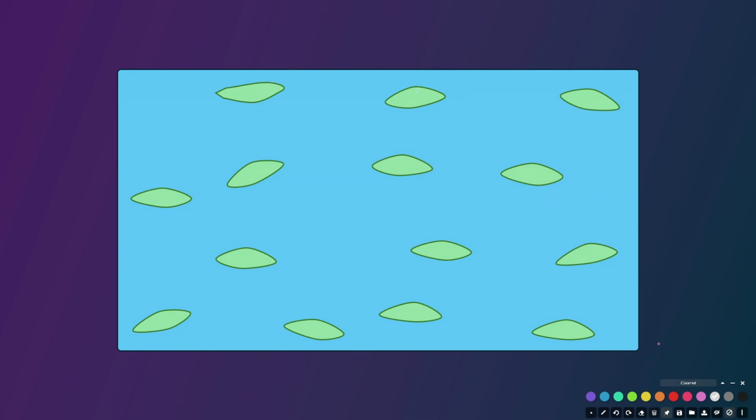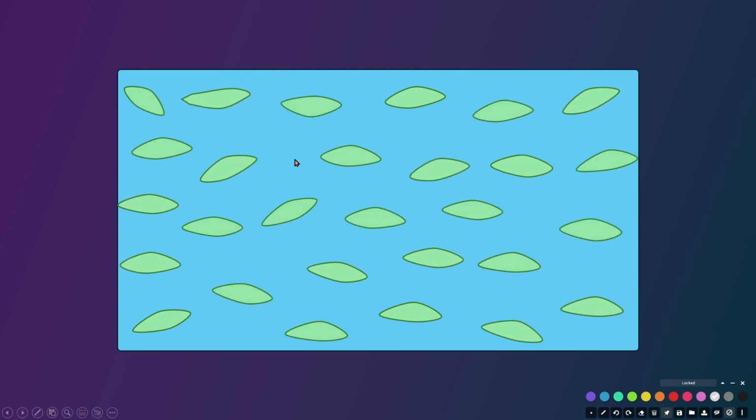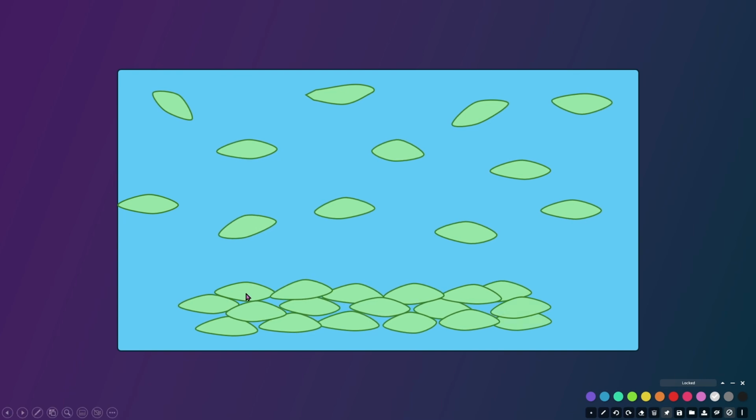Now what happens is that at certain places, these mesenchymal cells come close together. First they proliferate, and at certain places they come close together and they condense.